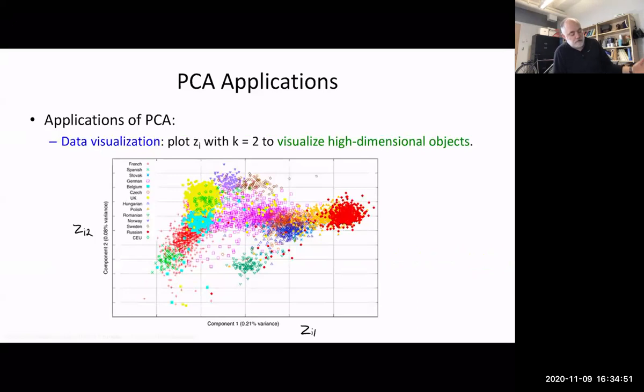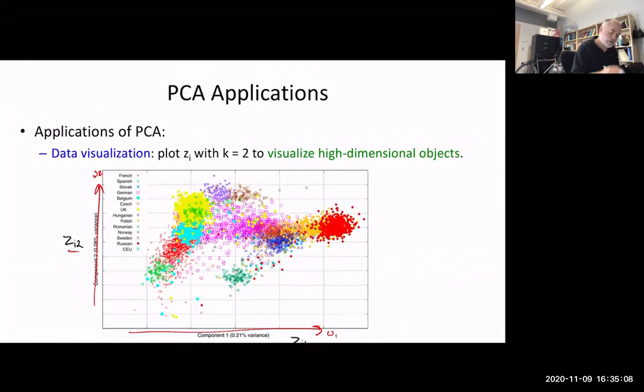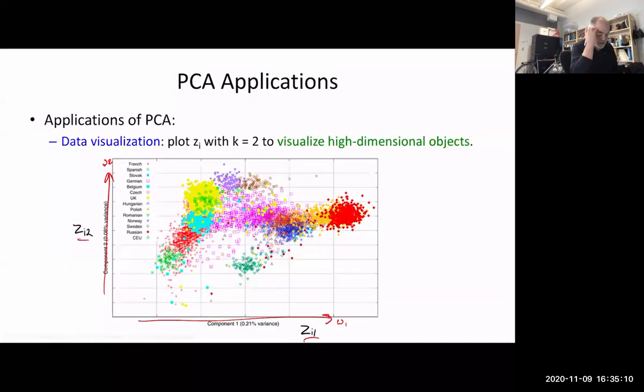And then we talked about visualization. Again, if you have this magic PCA or linear latent factor model, you can project your data onto some principal components, where these are the weights, and this is, for instance, principal component 1, this is principal component 2. This is super useful.